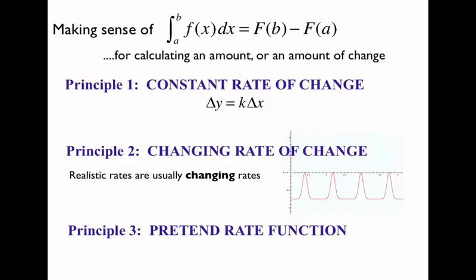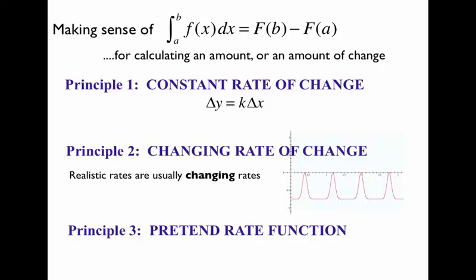Principle 3: make a pretend rate function out of what kind of rates? Constant rates of change. Why? Because we want to use principle 1.